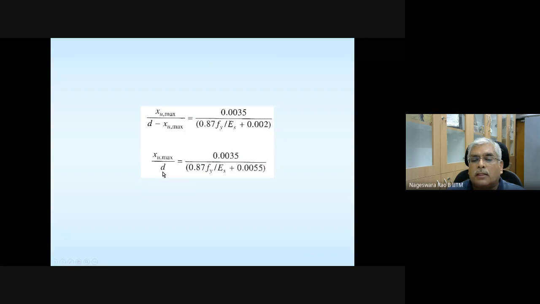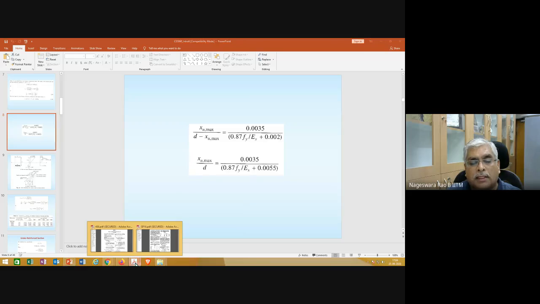XU max or XU limit, in IS 456 it's written as XU comma LIM, limit. XU limit divided by D or XU max divided by D, both are the same. And if you see this equation, it's going to be a function of only the grade of steel. I showed you where it is in IS 456.